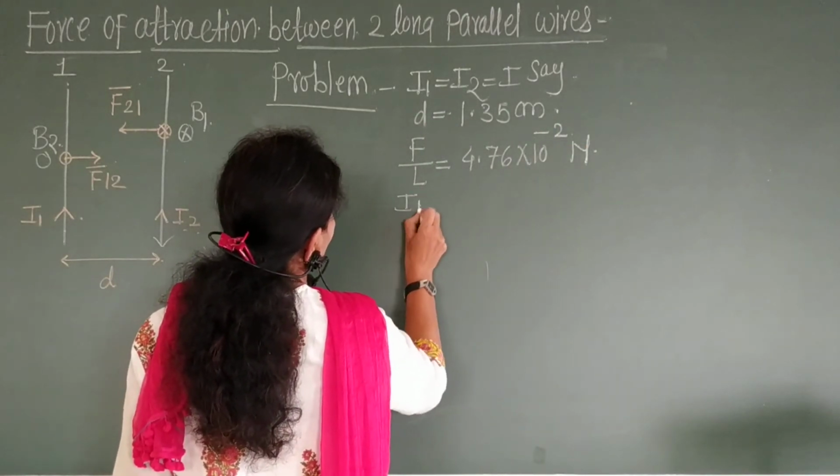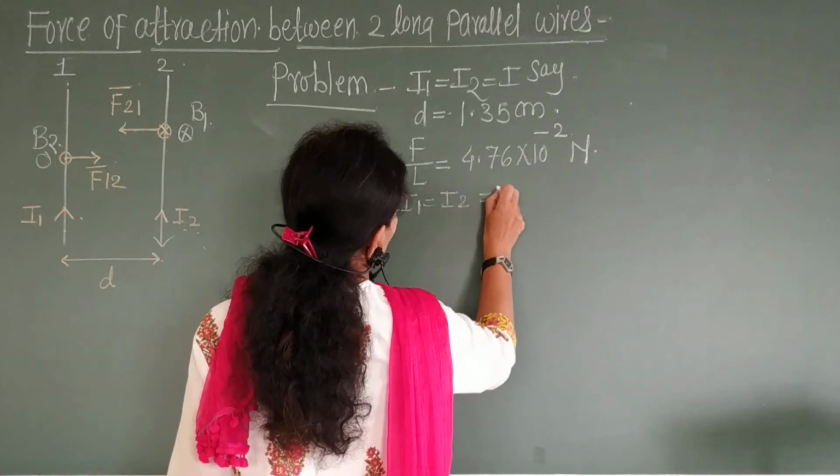Calculate I1 is equal to I2 is equal to I.